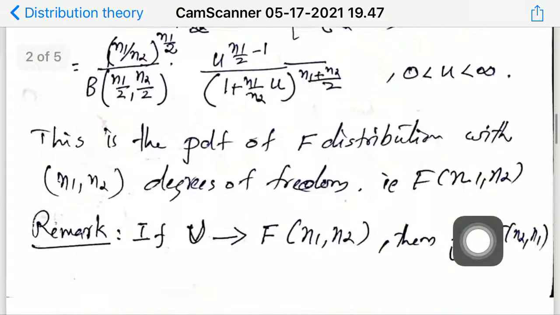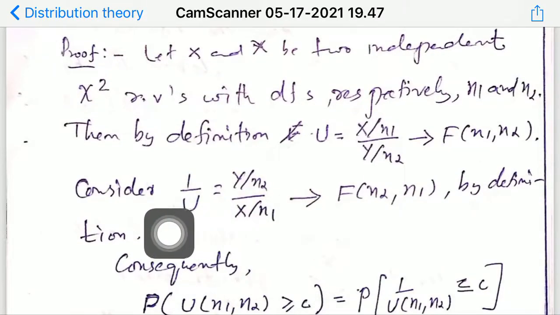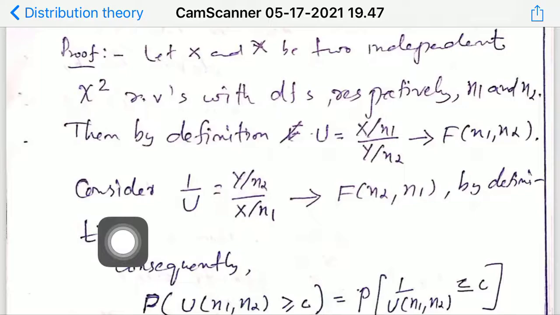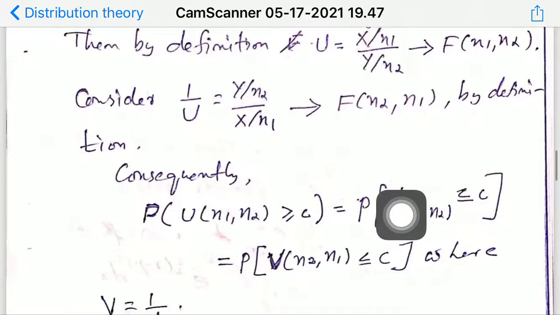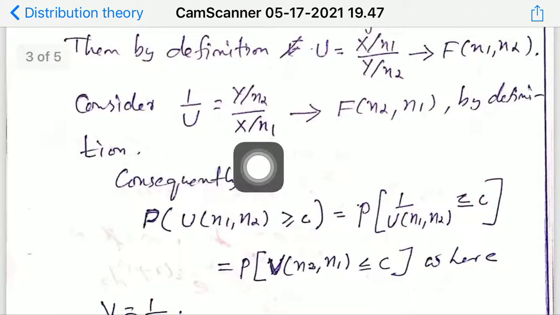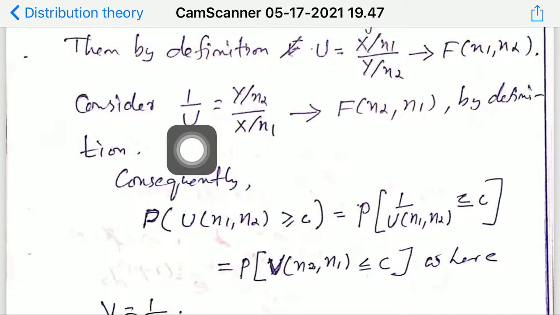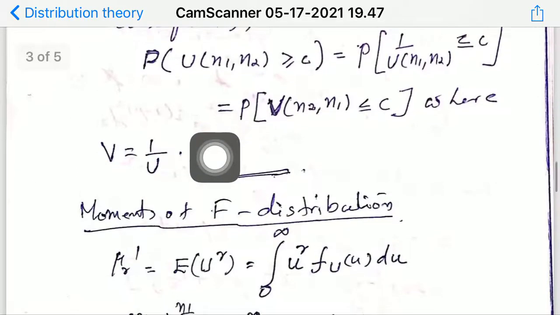So always remember that the reciprocal of an F random variable is again an F distribution. The only thing is that the degrees of freedom are to be interchanged, so that once you know the probability associated with u, you can find the probability associated with 1 by u also.